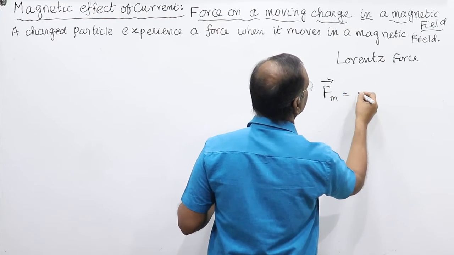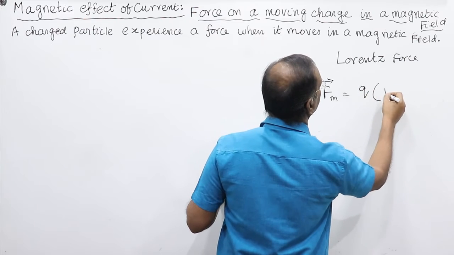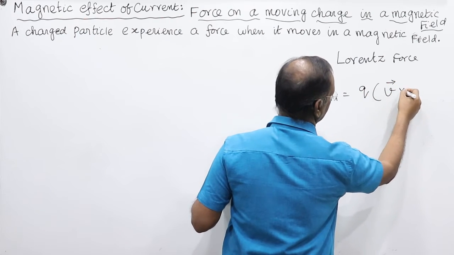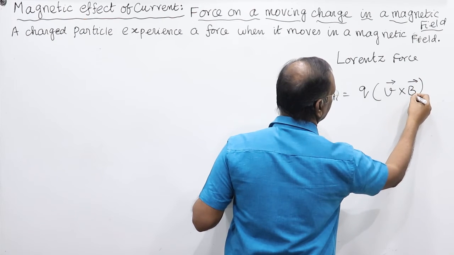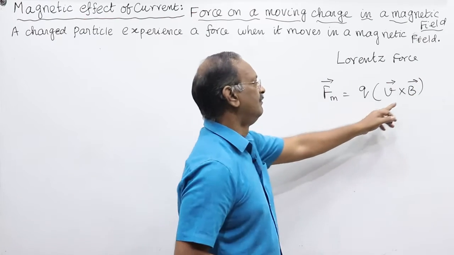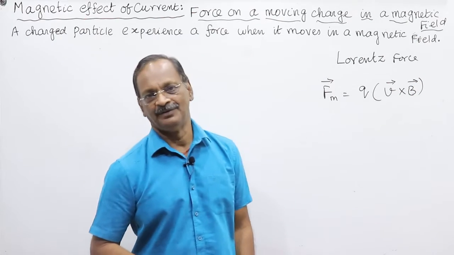Magnetic Lorentz force is equal to charge into the cross product of the velocity vector of the moving particle and the magnetic field vector.